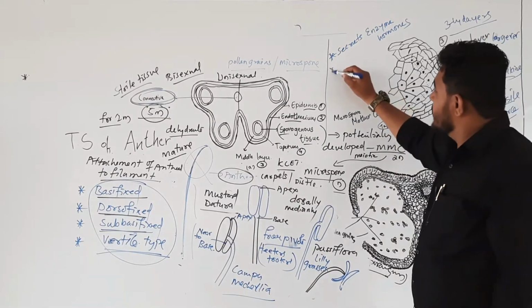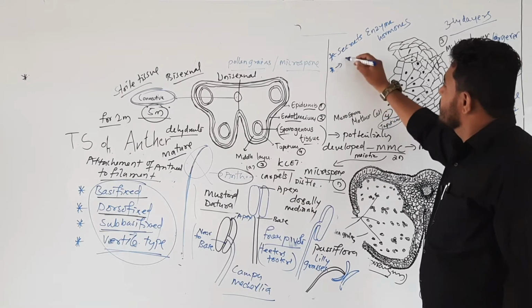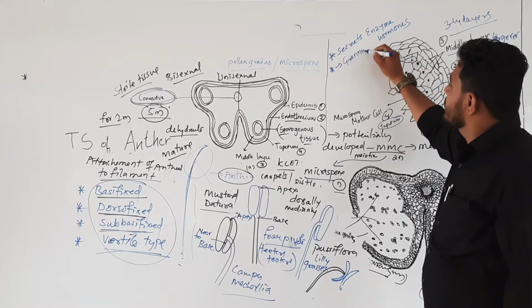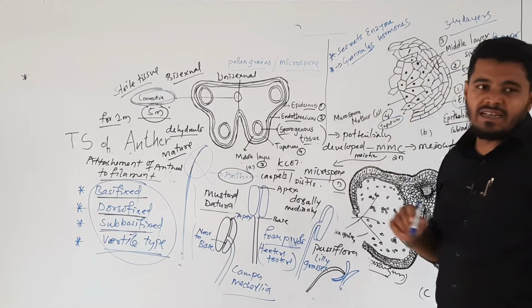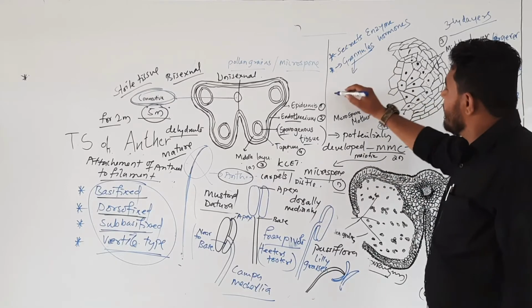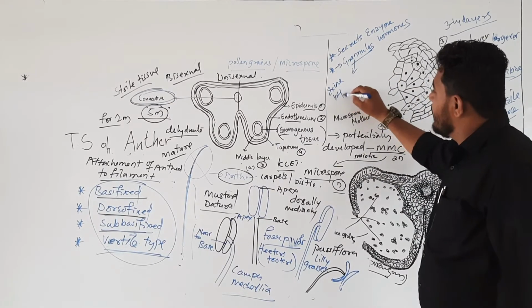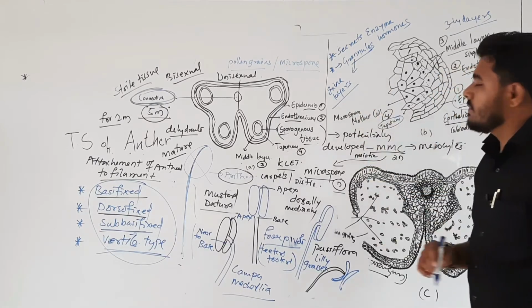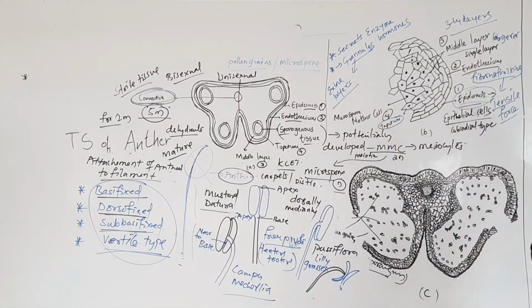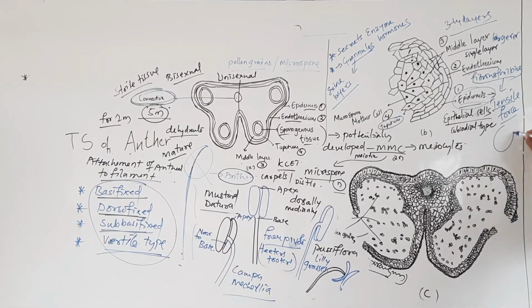The next important thing is that it produces some granules. Those granules help in the formation of the exine layer. Remember, the pollen grains contain exine as well as intine layers.